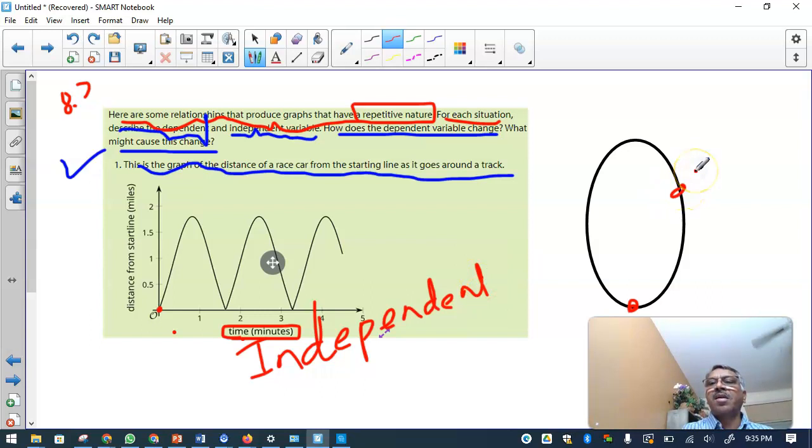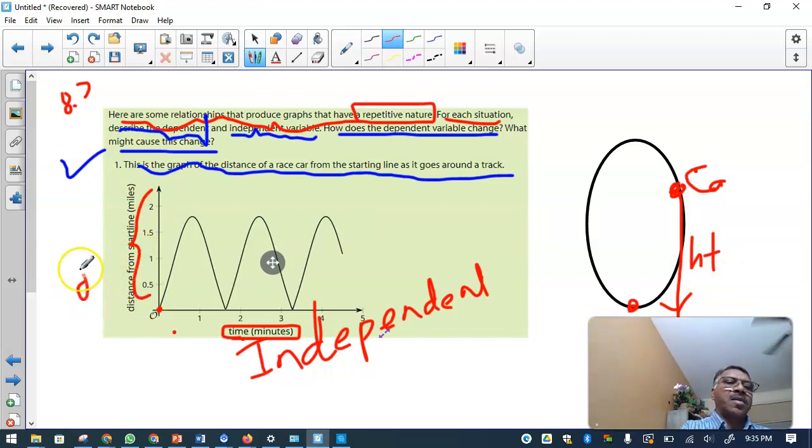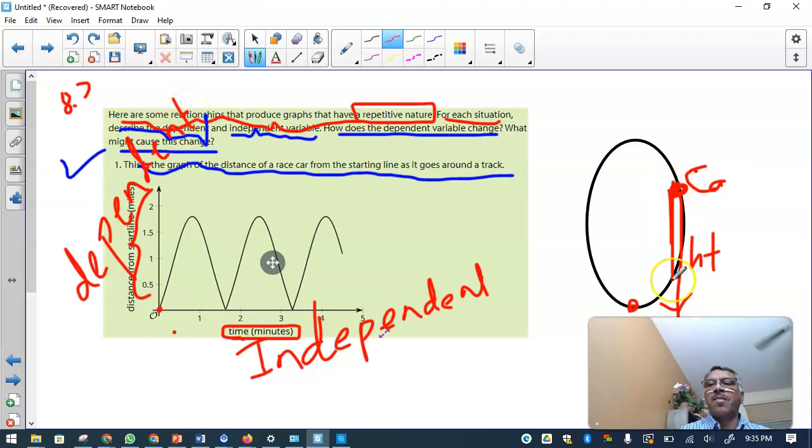If this is the car, this height, after a certain time it always will have some height here. This height, the distance from the start line, is called the dependent variable. So how far away is the car from here?